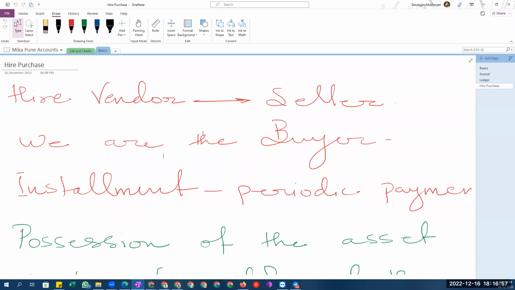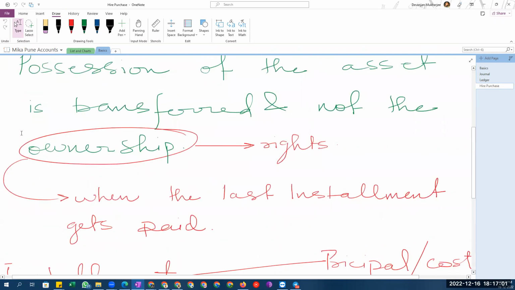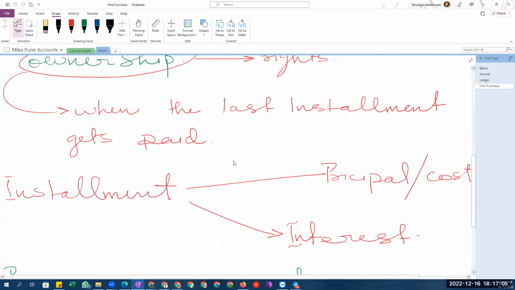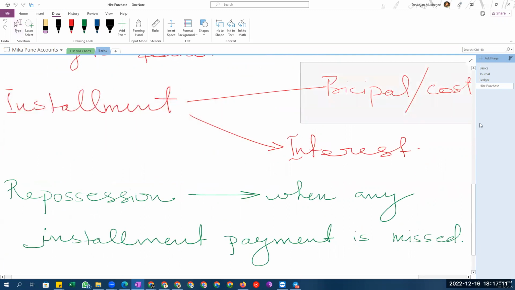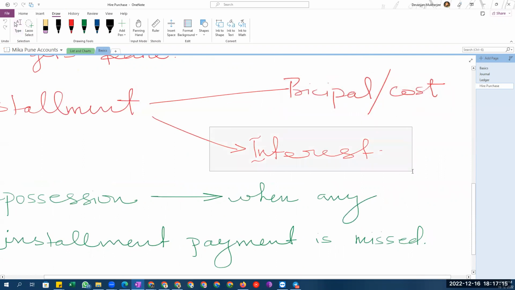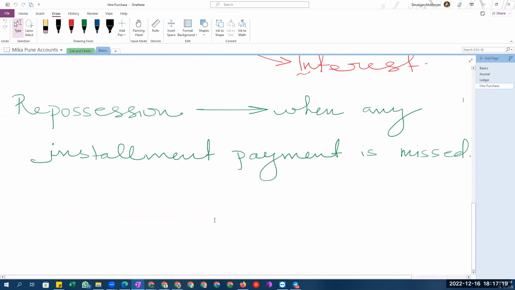And in this, only the possession is transferred. The ownership remains with the hire vendor, and it only gets transferred when we pay the last installment. Now, an installment has two parts in it: the principal, which is also the cost of the asset, and the interest added on to it because of the delay in the payment.